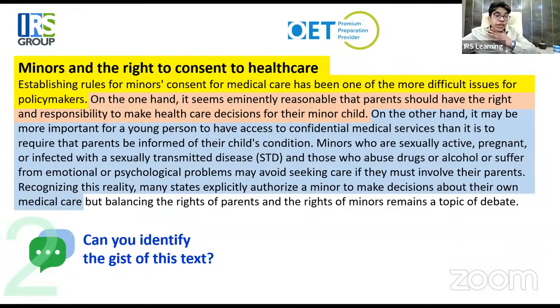And recognizing this reality, many states explicitly authorize a minor to make a decision about their own medical care. All right. And then it ends by calling for a balanced approach.